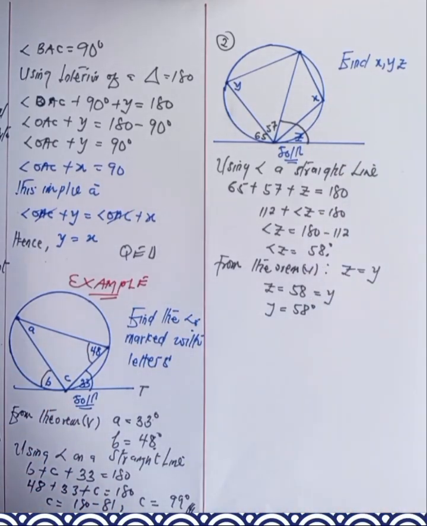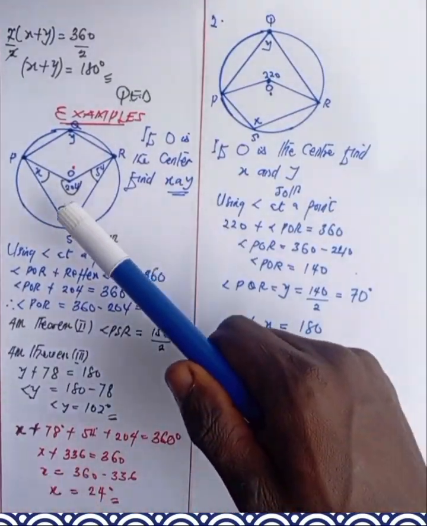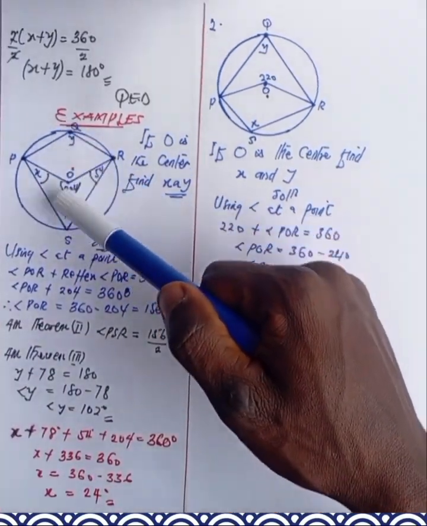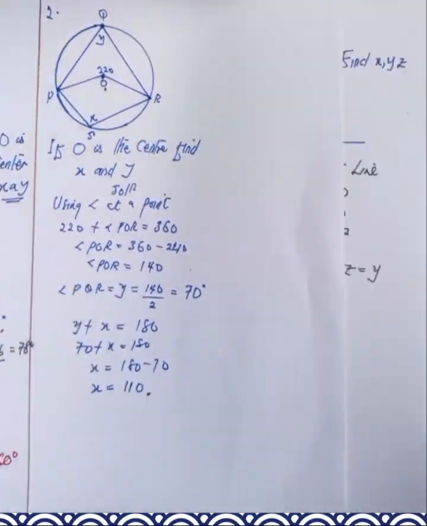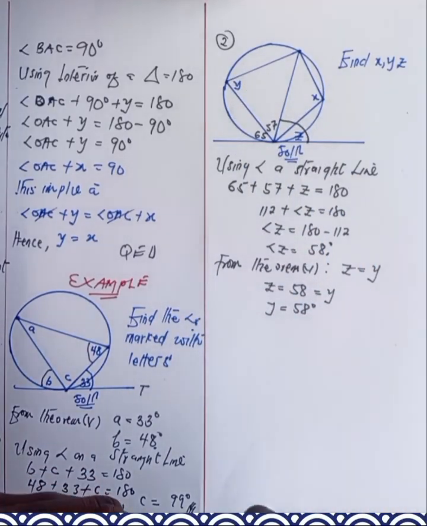Now that we know y, which theorem can we apply to find x? We can apply theorem 3, the opposite angles in a cyclic quadrilateral are supplementary. It means that when we sum this and this angle, we should get 180.